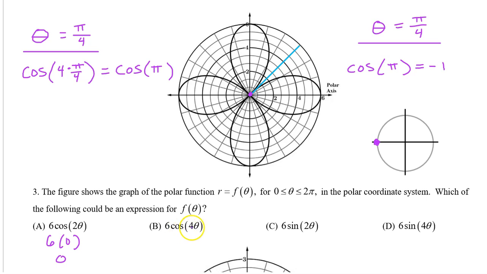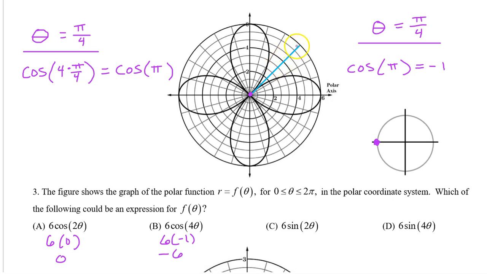On the other hand, the cosine of 4 theta becomes the cosine of 4 times pi over 4. This simplifies to the cosine of pi, which is equal to -1. At pi, we are 1 unit to the left on the unit circle. So -1. So that gives us 6 times -1, which is -6.